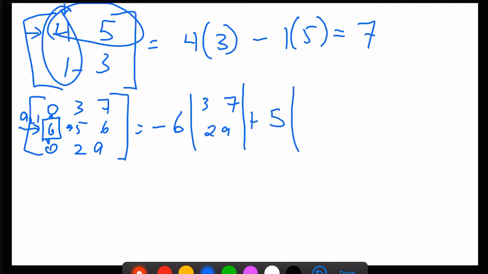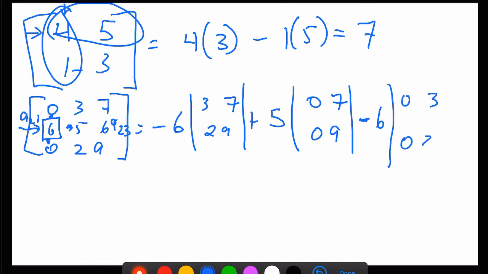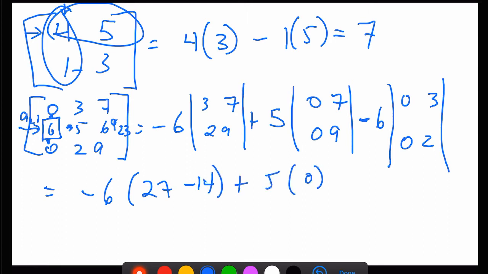Plus 5, and again, get rid of the row, get rid of the column: 0, 7, 0, 9. Minus 6, because again, that 6 is a 2,3, 2 plus 3 is 5, that's odd, so it gets a minus sign: 6, 0, 3, 0, 2. Equals minus 6 times 27 minus 14 plus 5 times 0 minus 6 times 0, and it still works out to be minus 78.